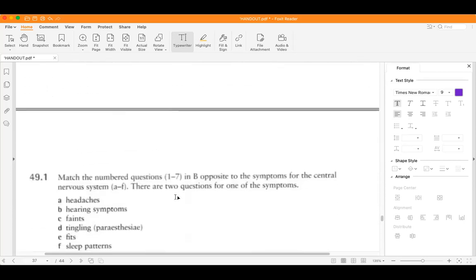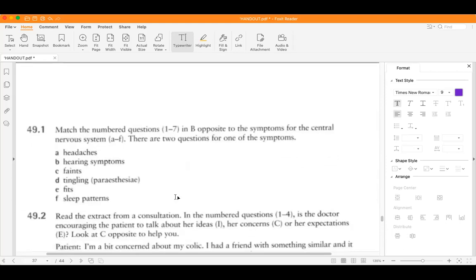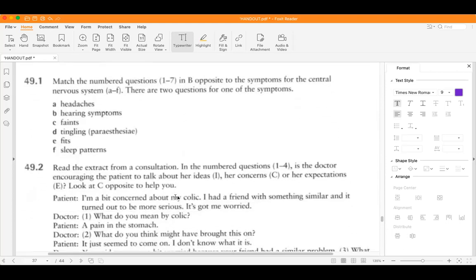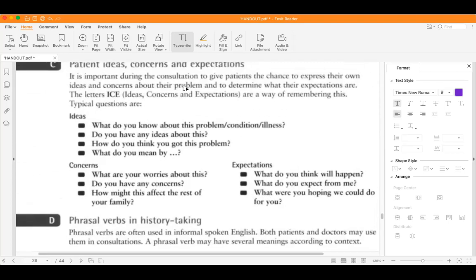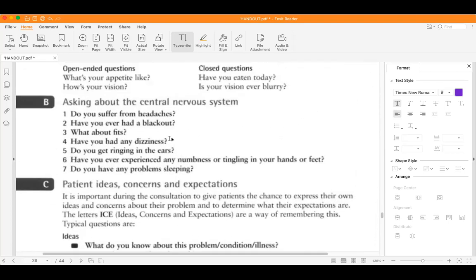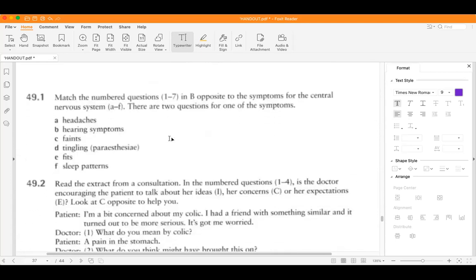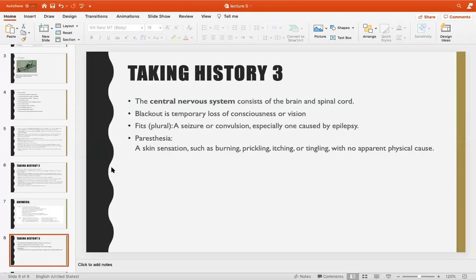So let's have the exercise for this part. Match the numbered questions from 1 to 7 in B to the symptoms for the central nervous system from A to F. There are 2 questions for one of the symptoms.